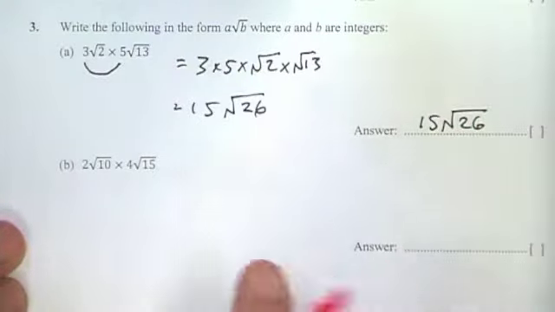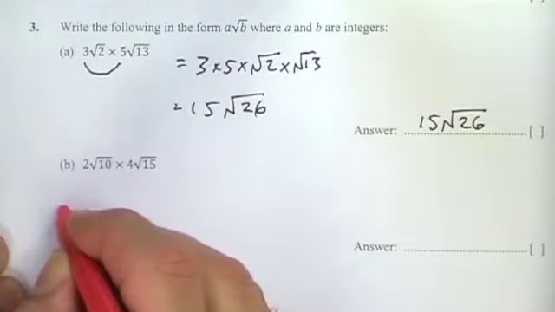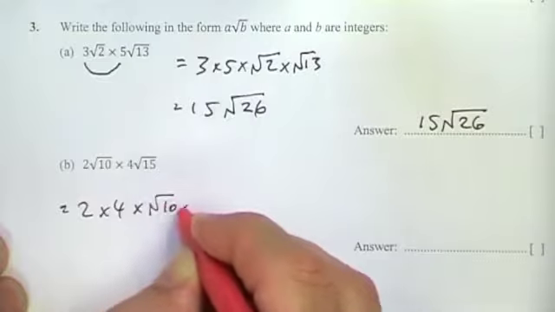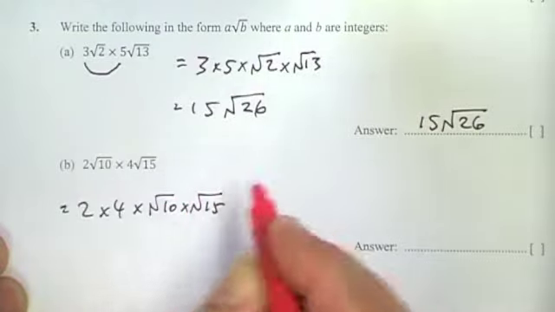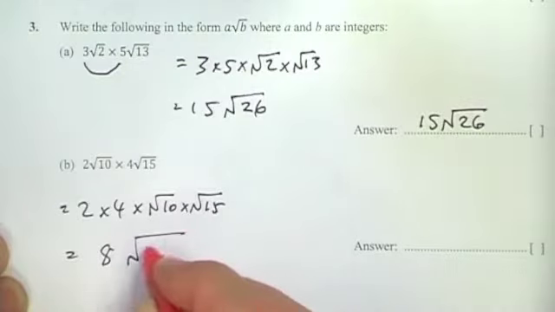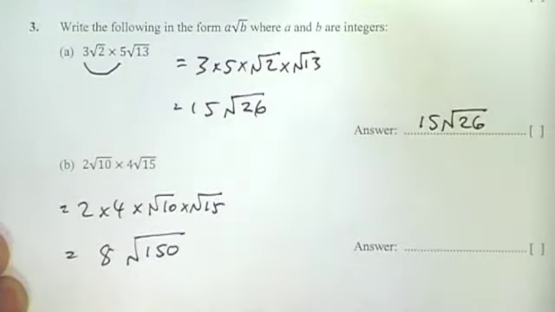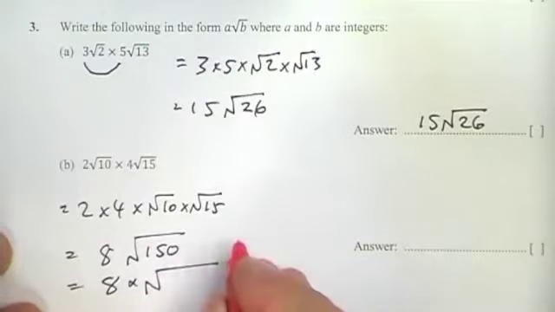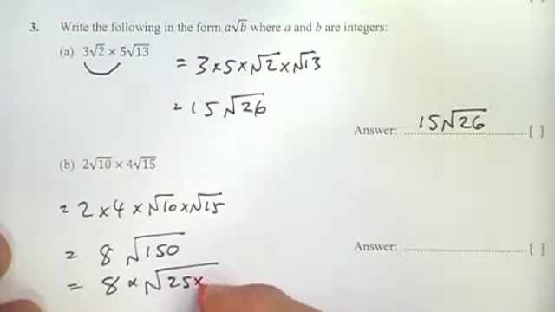And with this last part here, let's take the numbers. That's 2 times 4 times root 10 times root 15. The 2 times 4 gives us 8, and that gives us root 150. 150, however, can be expressed as 25 times 6, and 25 is a square number, so that's 8 times the square root of 25 times 6.